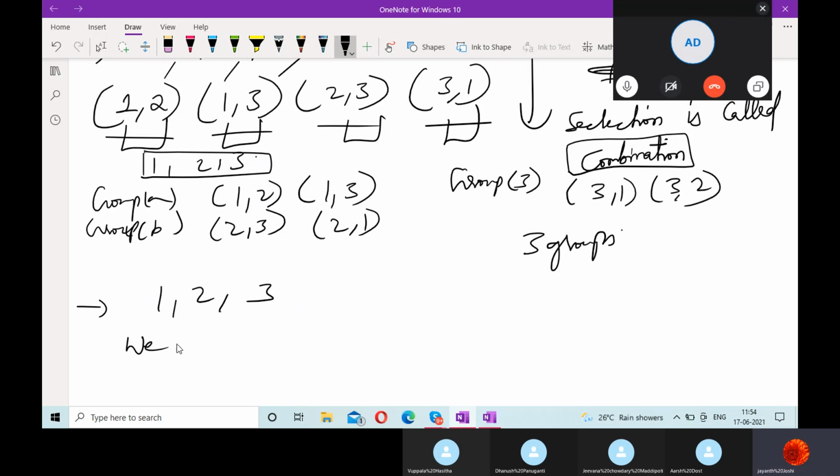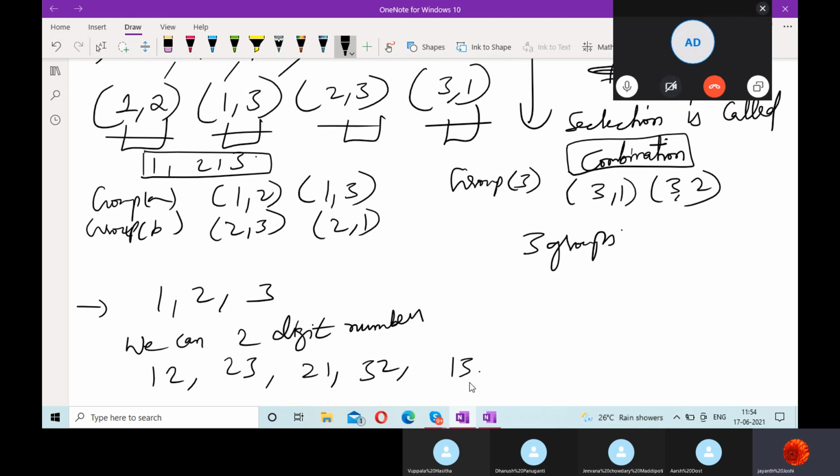So we can make two-digit numbers out of this. What are these two-digit numbers? We can make 12, 23. We can make 12, and we can also arrange this in reverse order, that is 21, 32, 13, 31, anything.